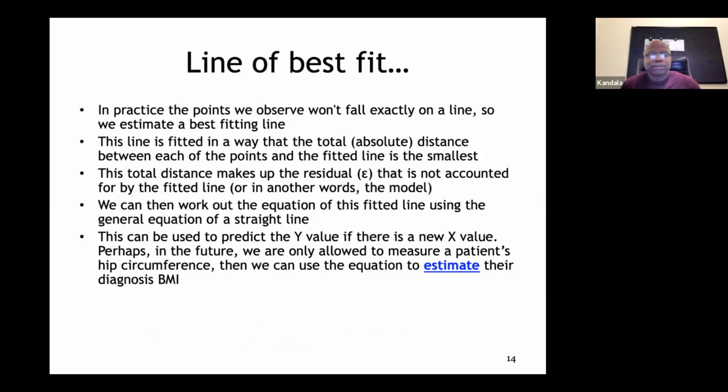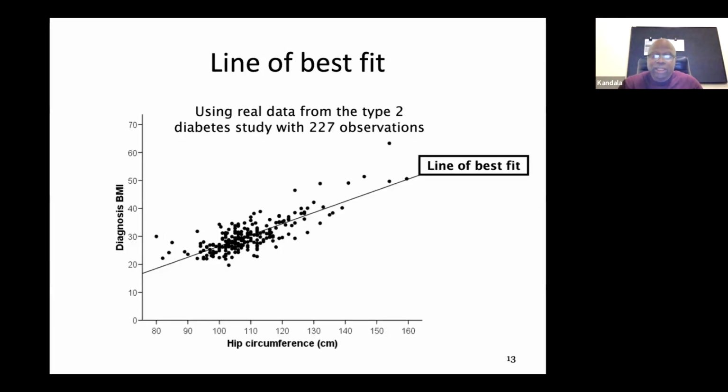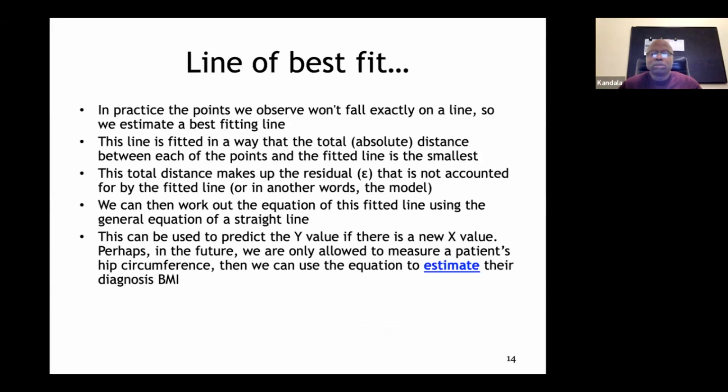So in practice, the points we observe will not fit exactly on a line, so we only estimate the best fitting line. As we can see in the previous plot, some points are far from the line we draw here. But remember, it's to do with generalization and summary. In the best case scenario, you would want all the points to be on that line, but in practice that is not the case.